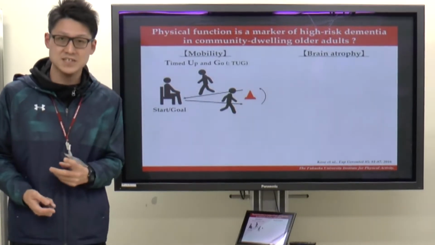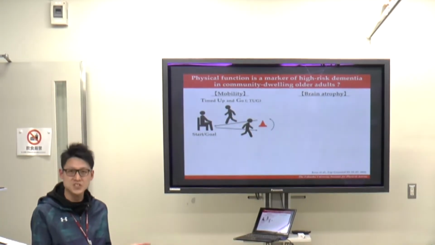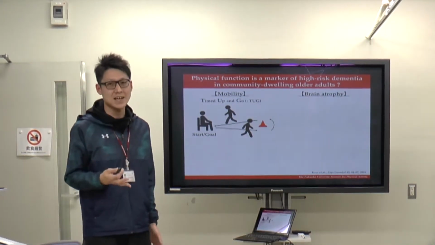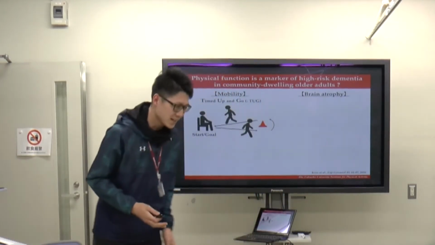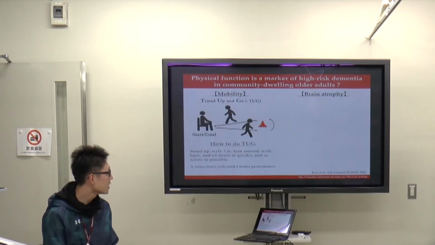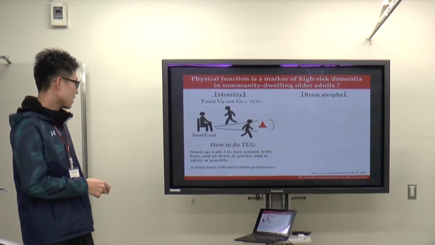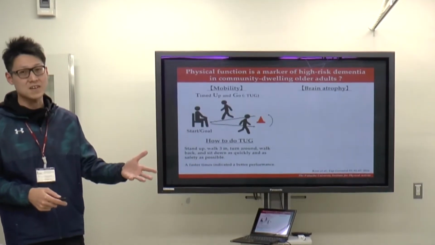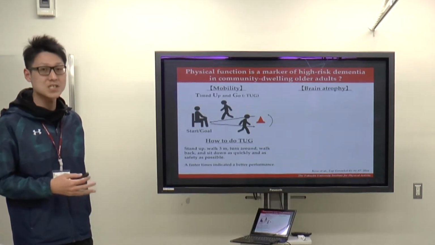The timed up and go test I showed. This is start position and stand up and walk and turn and walk back and sit down. This test is done as quickly and safely as possible.